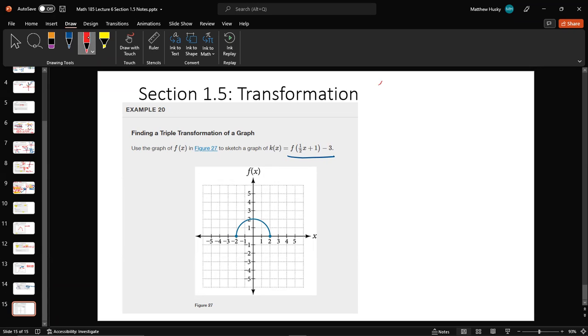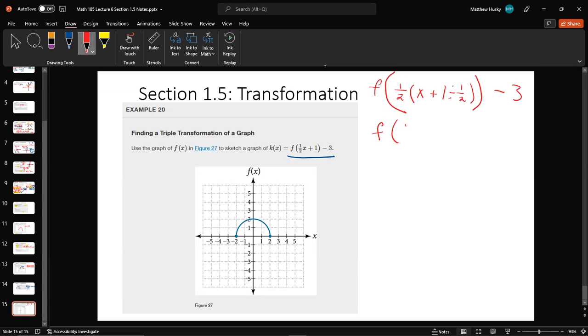I'm going to factor out 1/2, so we're going to do 1/2, and then we're going to have (x plus 1 divided by 1/2), which for those playing the home game, 1 divided by 1/2 is the same as 2.